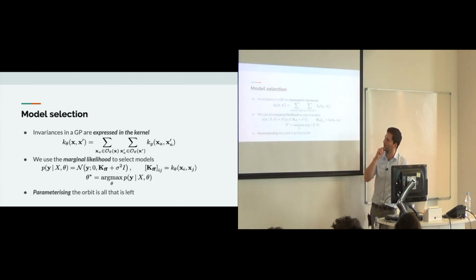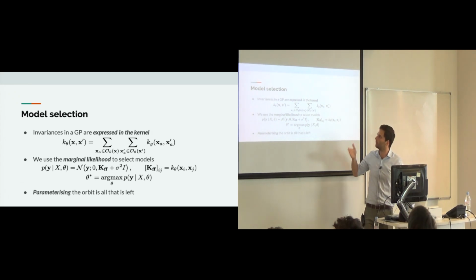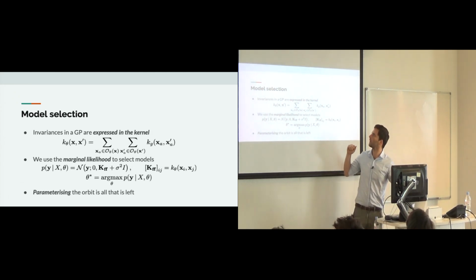So if we take a look at the sum construction in particular, we've essentially got the property that the invariance in the kernel is parameterized or determined by this orbit.